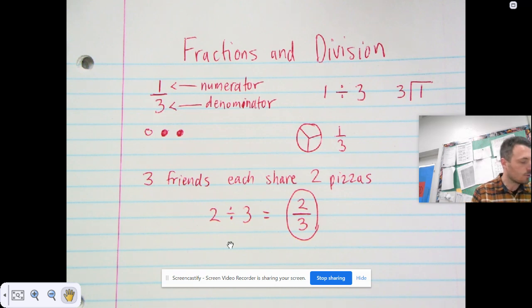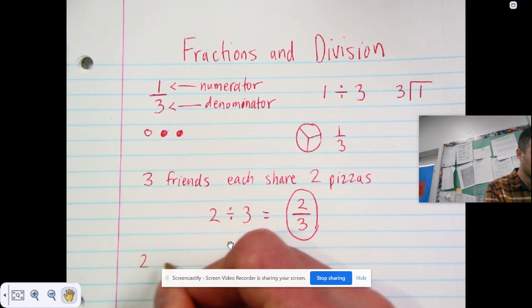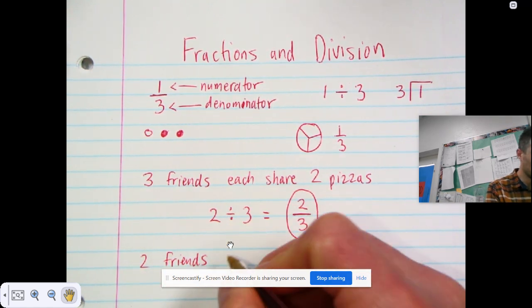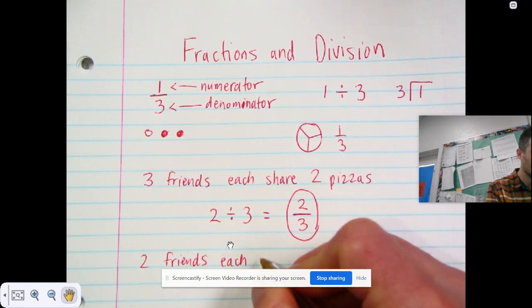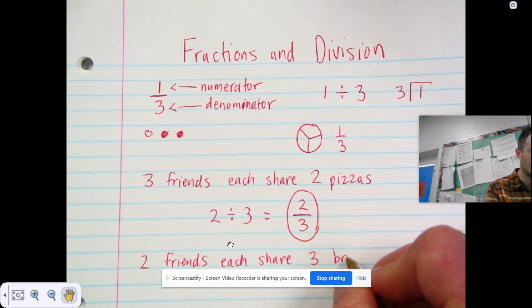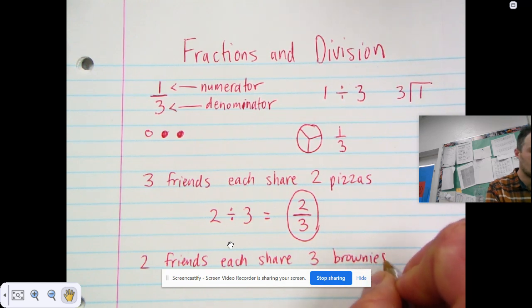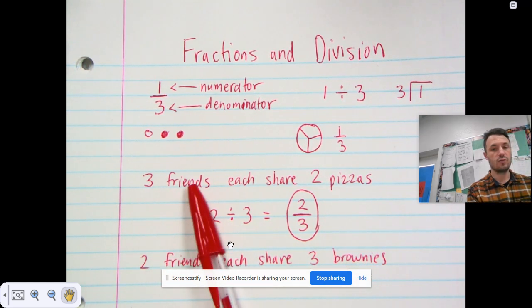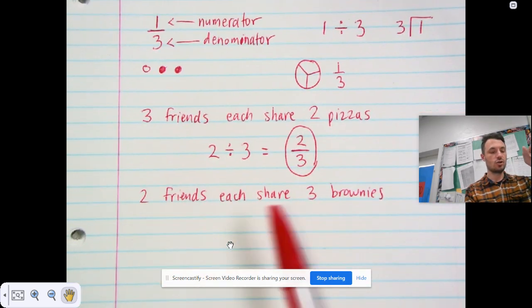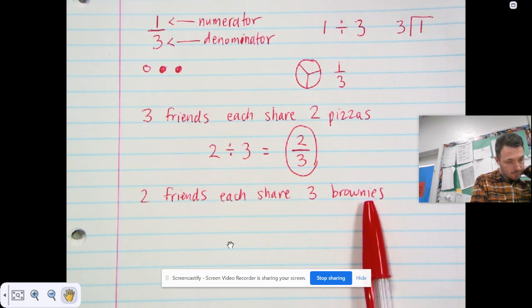Let's do another example. Let's say there's 2 friends and they're each sharing, 2 friends each share 3 brownies. This time it's reversed. Last time it was 3 friends sharing 2 pizzas. Now it's 2 friends sharing 3 brownies.